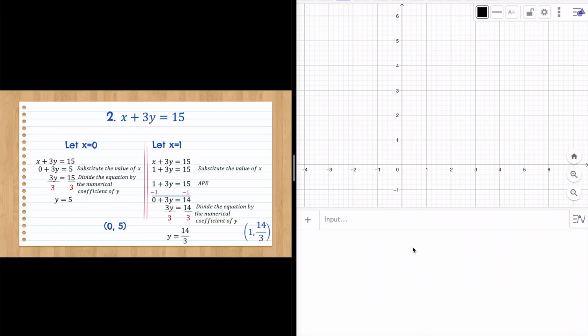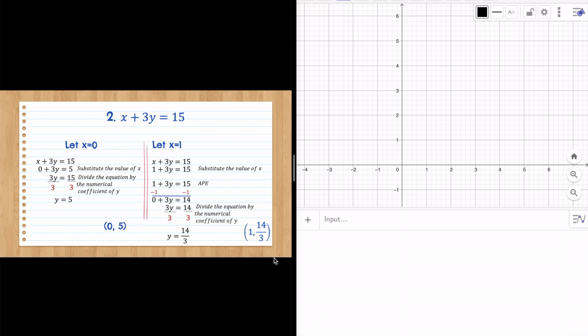Okay, so, meron ka na ngayong 2 points, dalawang ordered pair. So, you have 0, 5 and 1, 14 over 3. So, yung 14 over 3 is just the same as 4 and 2/3 or 4.6666666. Repeating yung 6 doon.